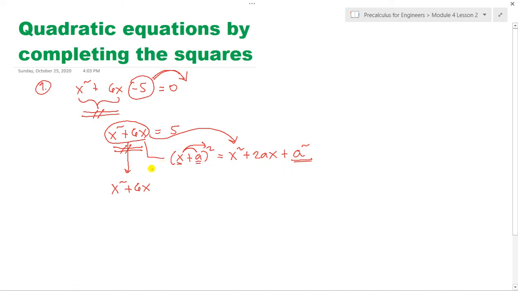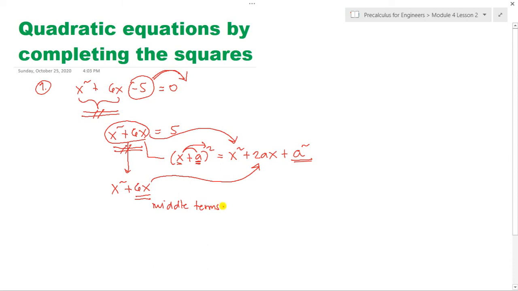We need to find a here, right? Because that's the only thing lacking. So in order to find that, we equate this middle term to the middle term here, so we can solve for a. Because a is the only thing lacking to make x squared plus 6x a perfect square. So let's equate their middle terms. This is their middle terms.